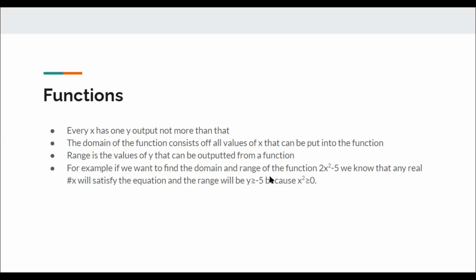So the x's that satisfy the function are all the real numbers, because if it's imaginary, you're not allowed to put it in. And then by the trivial inequality, x squared is always greater than or equal to 0. So the range is y is greater than or equal to -5.